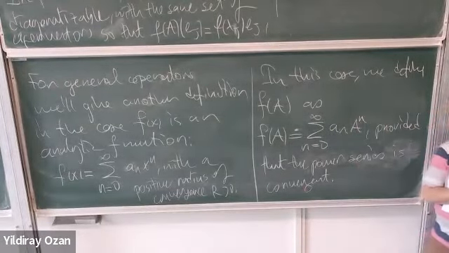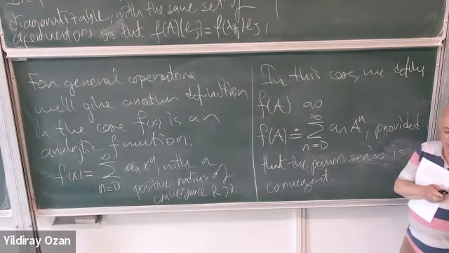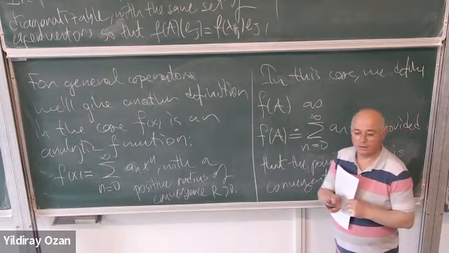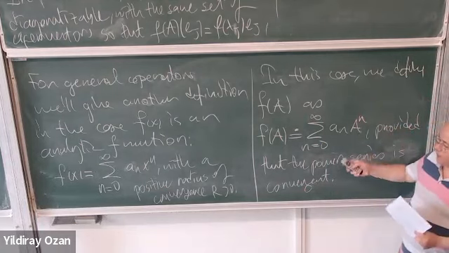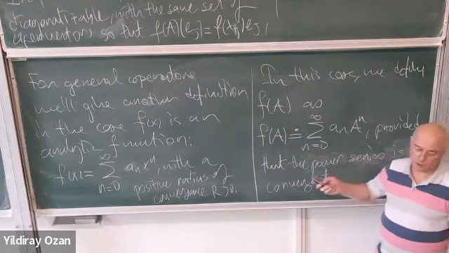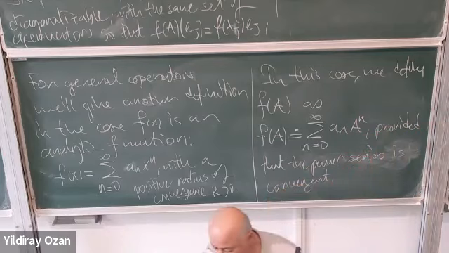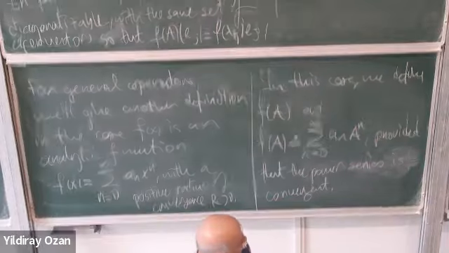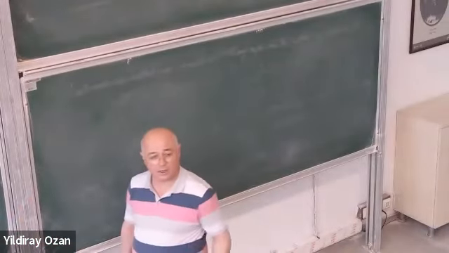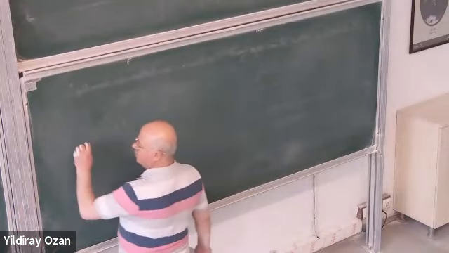So we need to show the following: if A is diagonalizable, these two definitions are the same. Otherwise, it doesn't make sense. You define something, but depending on the definition, you get different results. That's not acceptable. So we have to prove that these two definitions agree when A is diagonalizable.